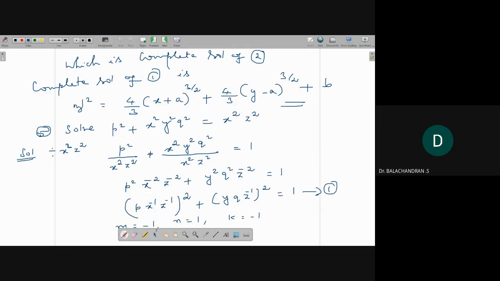For this problem, I will check the solution. I don't know whether I have the solution or not. If I give the solution, then you can easily cross check. Otherwise, if you find the solution, you can tell. p square x square q square. Okay, p square x square. Fifth problem.